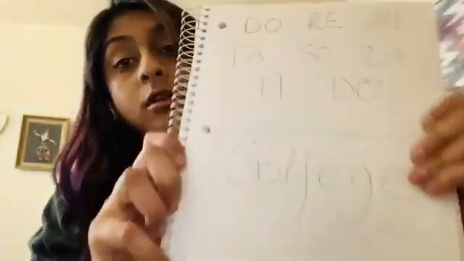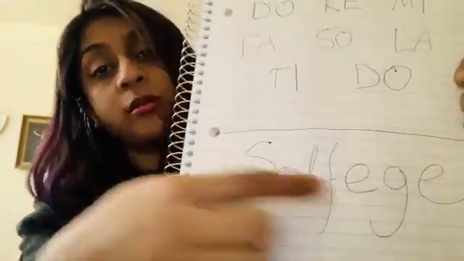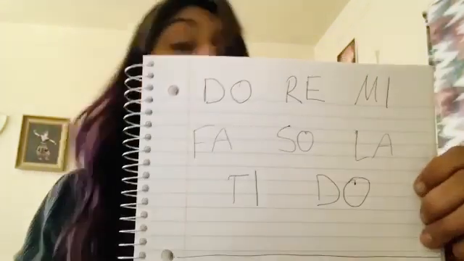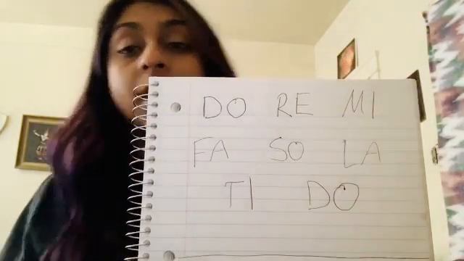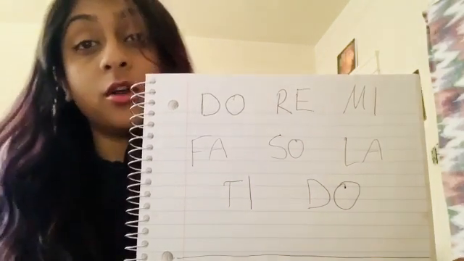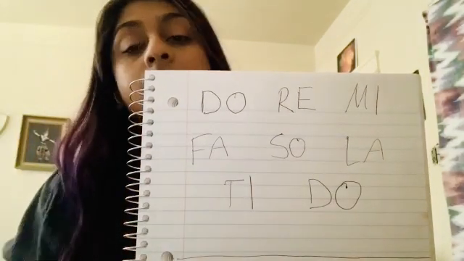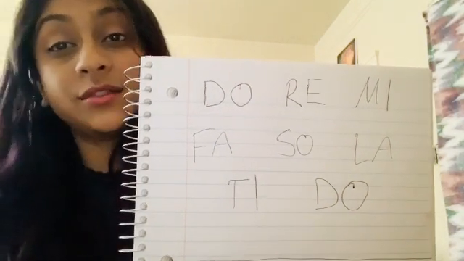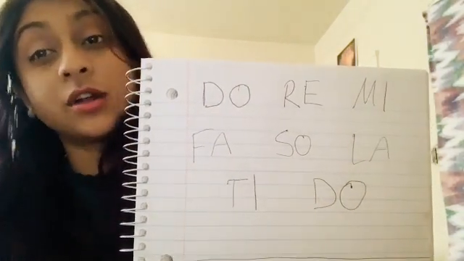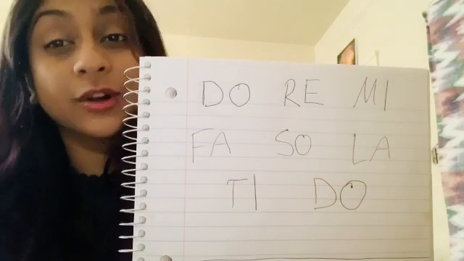All right. So what I want you guys to do this week, write down on a piece of paper, write down solfege and write down these notes. I want you to write down all of them and memorize them. And after you memorize them, your homework would be start trying to memorize it backwards.